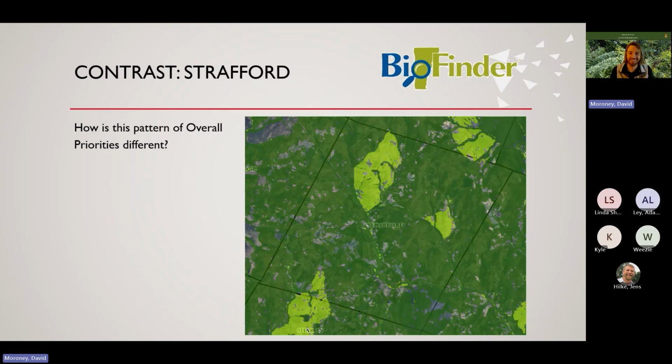If we look at this on a town level scale, we can say, oh my gosh, it's all green. So the decisions that we make and the way that we use Vermont Conservation Design data is really going to differ. In a town like Stratford, we might be looking at those priority blocks in lime green to say, well, because there's so much highest priority forest here, maybe we're going to look at those priority areas as areas that might accommodate more of the different kinds of land uses that we need to develop our town in a sustainable fashion and to provide the services that people need.